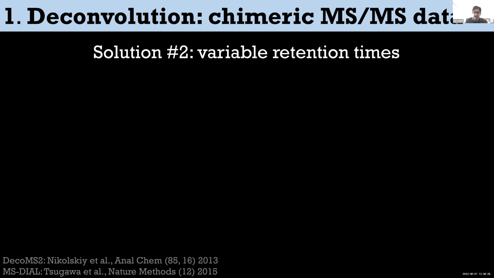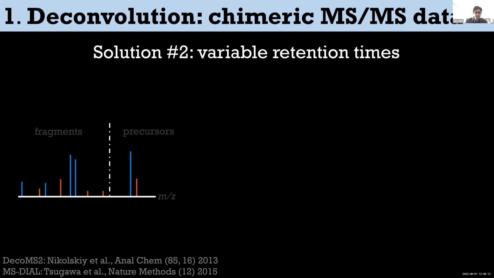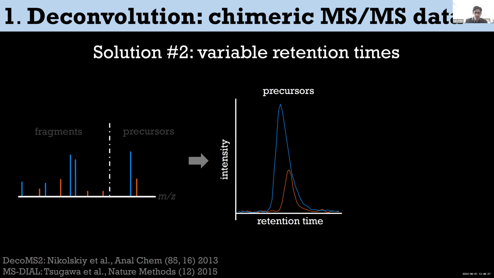So let me just briefly highlight the principles that underlie our ability to do deconvolution on the basis of variable retention times. So again, I'm showing you a chimeric MSMS spectrum here. Fragments are on the left, precursors on the right, just simplified with that hash line to separate them. You can see both blue and orange. And even though the precursors, now I'm showing you an extracted ion chromatogram of the precursors, even though the precursors nominally co-elute, you can see that there is a slight difference in when they come out.